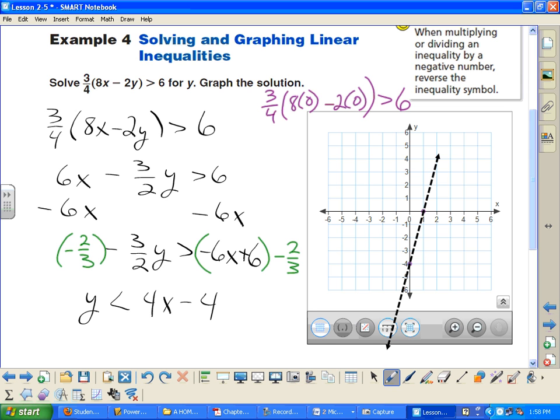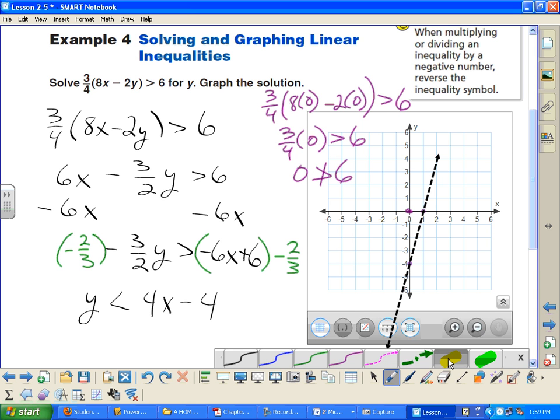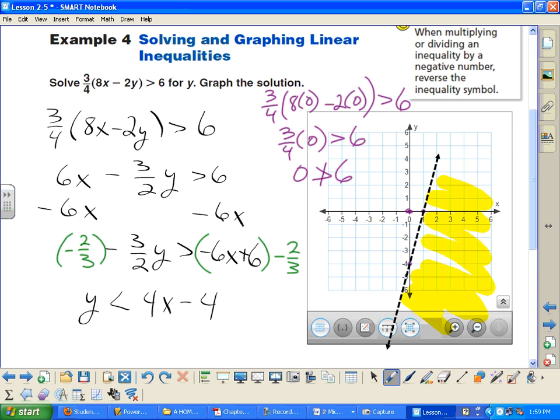Checking this point to see if it's true or not. Okay. So what's 8 times 0? 2 times 0? Okay. So we have 3/4 times 0. Is that greater than 6? So is 0 greater than 6? No, 0 is not greater than 6. So it's false there. That means I'm going to shade over here then.